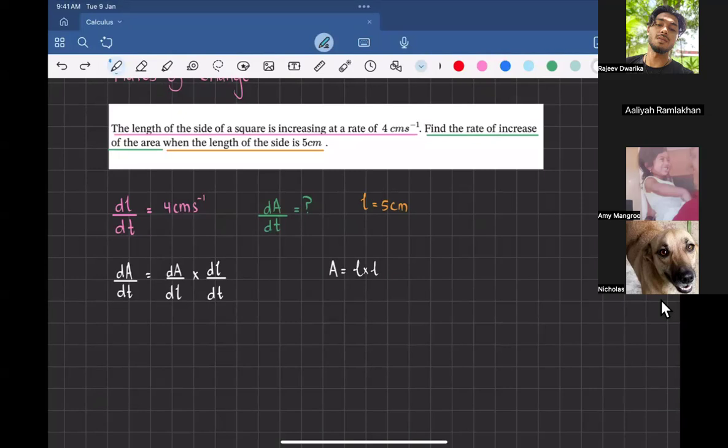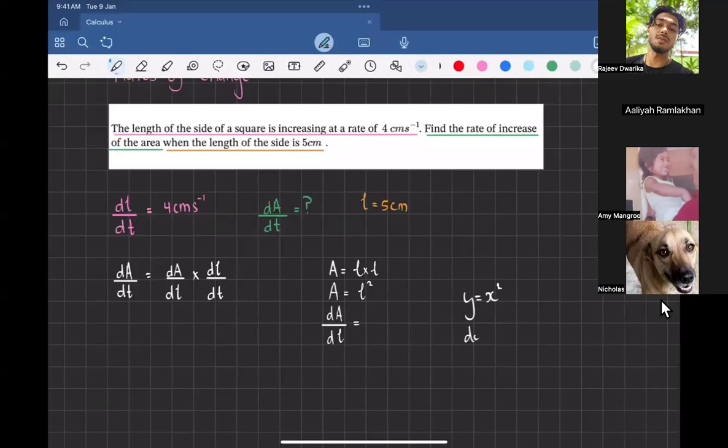It's very simple, I promise. So A is equal to L squared. And I need to figure out dA/dL. Okay, imagine if you had y is equal to x squared.